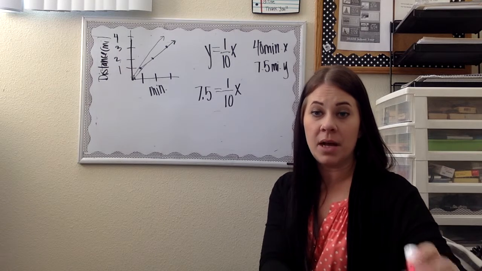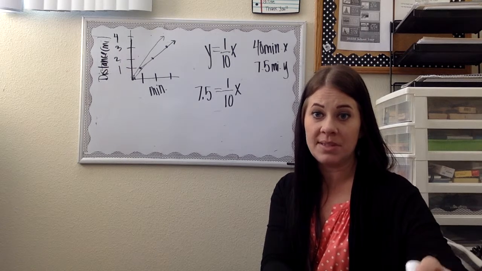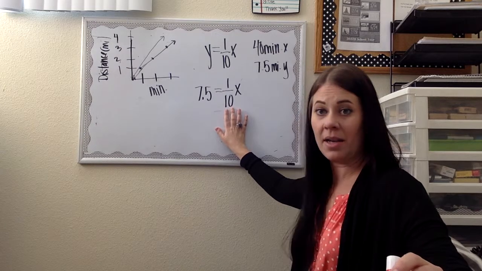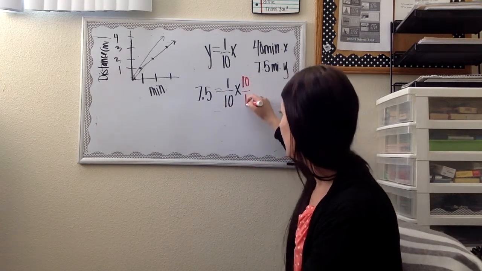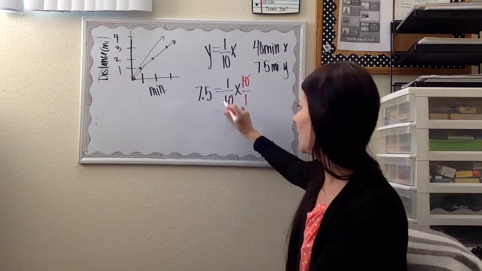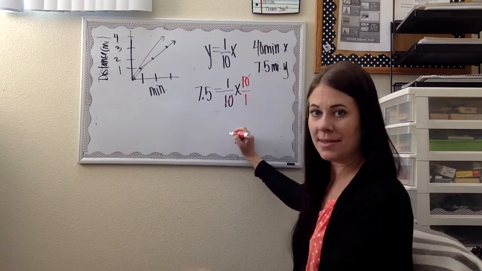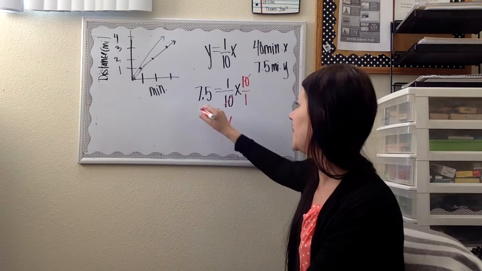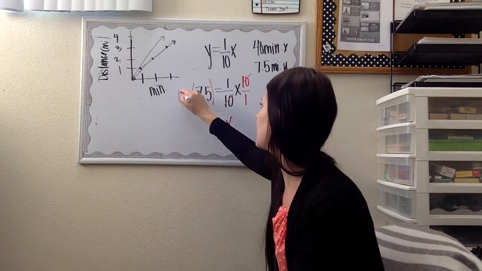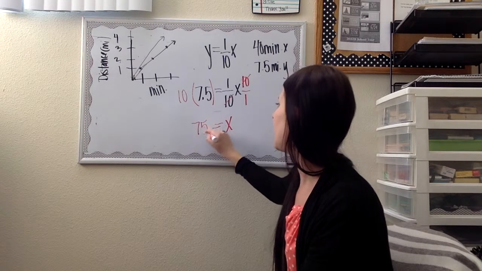If I want to multiply by something to both sides to get rid of my denominator, I can multiply by 10. Think of cross canceling, because these will cancel. And what's left? 1x. And isn't that always what I want? 1x. But if you do it to one side, you got to do it to the other. So multiply the other side by 10, and it's really 75.